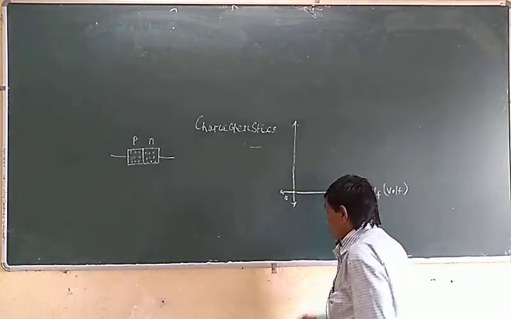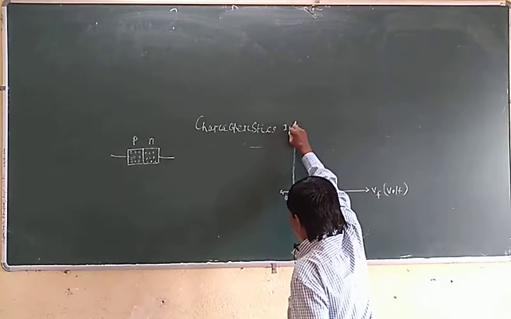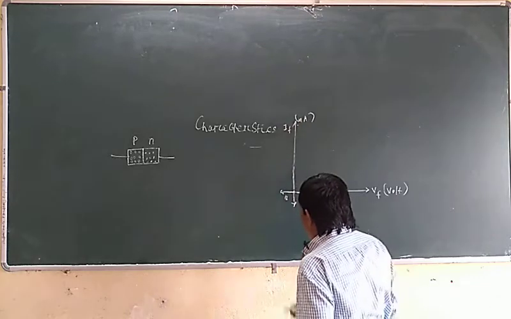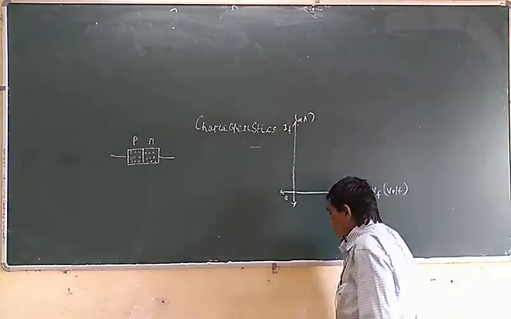So this is the forward current IF in milliampere, and this is the voltage axis, it is the current axis.